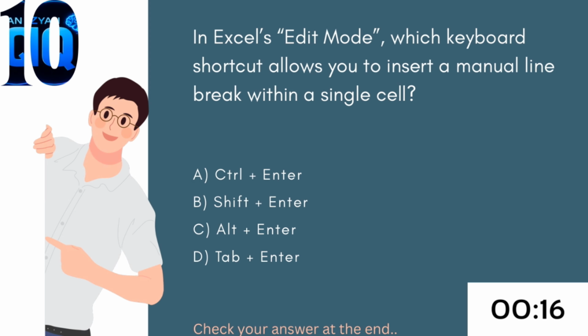So, to connect this to our overall theme, mastering Excel's shortcuts enhances efficiency and precision in data management. Knowing how to quickly format your data with shortcuts like Alt plus Enter makes your workflows smoother and your spreadsheets more readable. Remember, Alt plus Enter is your go-to shortcut for inserting a manual line break inside a cell.